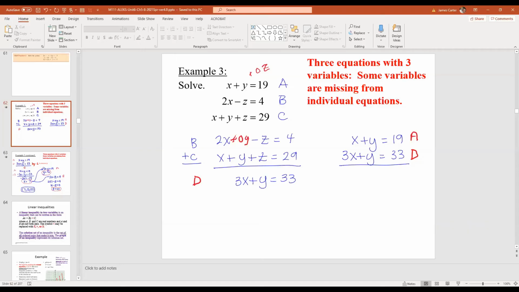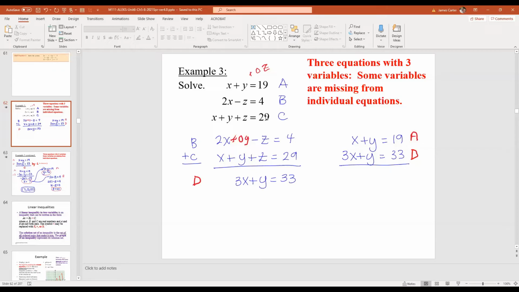Okay, this is where we left off yesterday. And so here you have 3 equations with 3 variables. Now in the past, we've had all 3 variables represented. In this one, we have some missing variables. For example, here we have the z missing, here we have the y missing, and here they're all present.